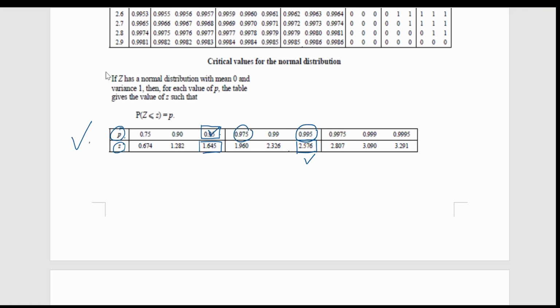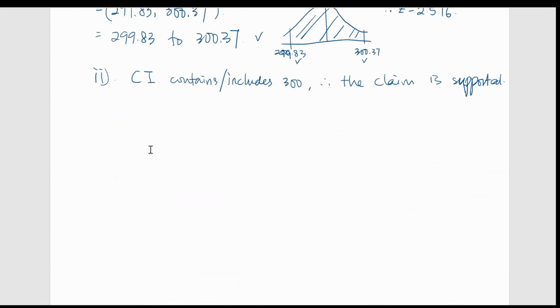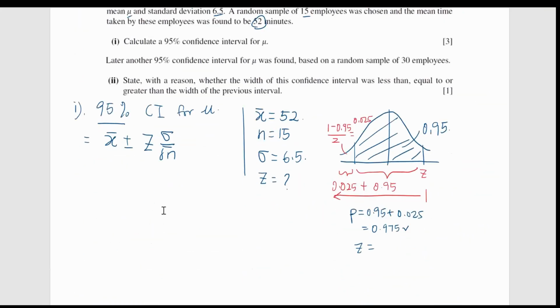And then I will take the corresponding z-score from here, 1.96, right? If I couldn't get it from the smaller table here, I will read from the table above to get the z-score. Okay, the z-score, 1.96 found.